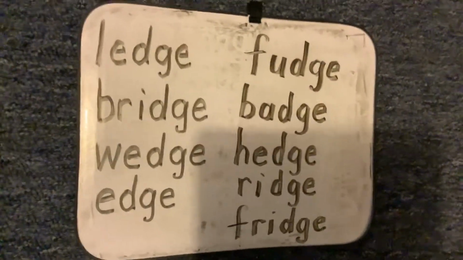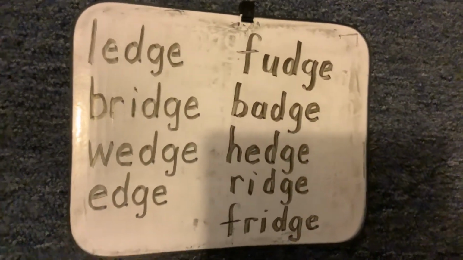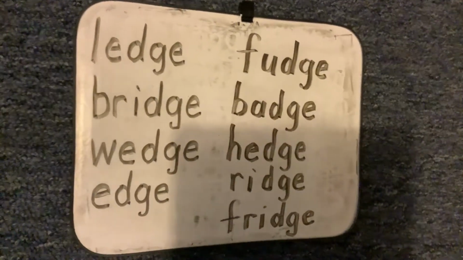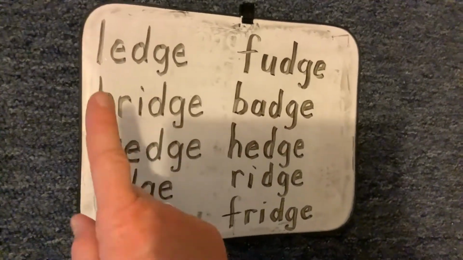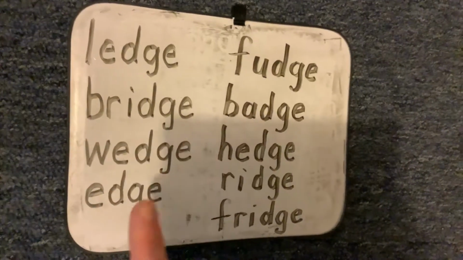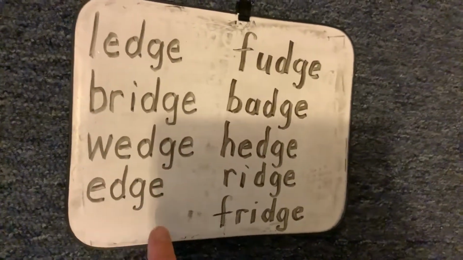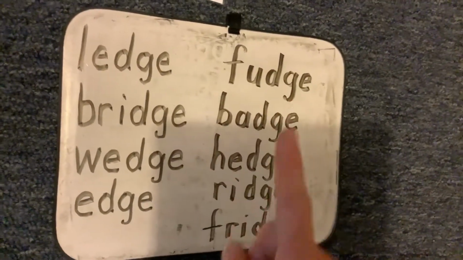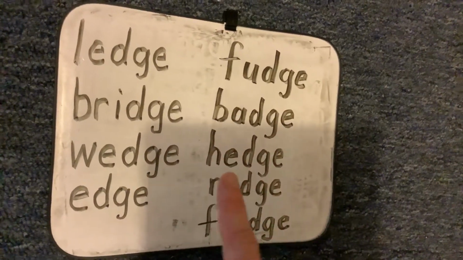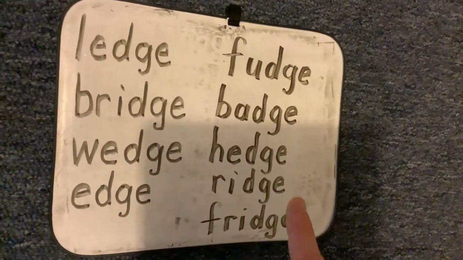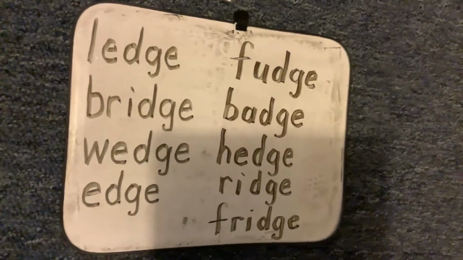All right, we've talked a lot about all of these. Let's read these again. You read them at the same time as me, a little bit smoother. Ledge, bridge, wedge, edge, fudge, badge, hedge, ridge, fridge.